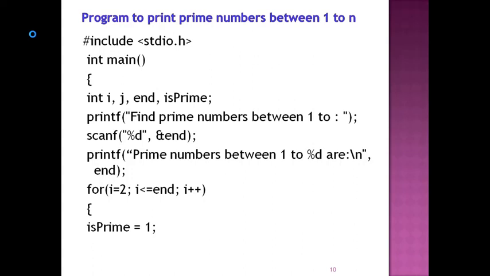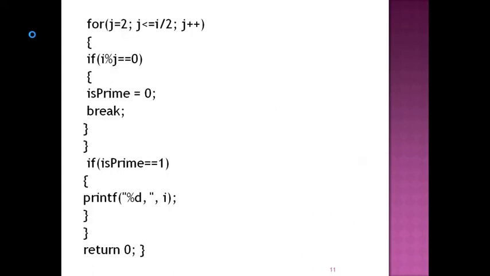Here the flag variable we are using, is_prime, equal to 1. The is_prime variable is assigned as 1. The inner for loop starts with j equal to 2, j less than or equal to i divided by 2, semicolon, j plus plus. This is the inner for loop.